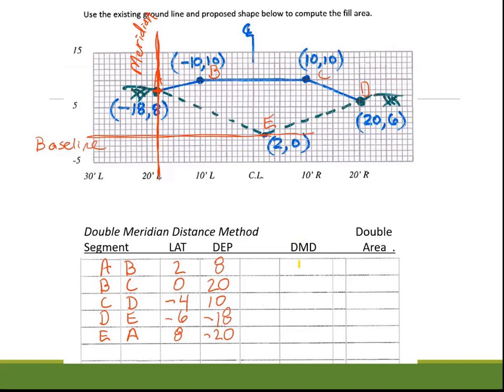Next, we'll do the double meridian distance, DMD. The DMD of the first line segment is equal to the departure, 8. The DMD of line segment BC is equal to the previous DMD plus the departure of the previous line plus the departure of the current line. So 8 plus 8 plus 20 gives me 36. DMD of line segment CD is 36 plus 20 plus 10, that gives me 66.